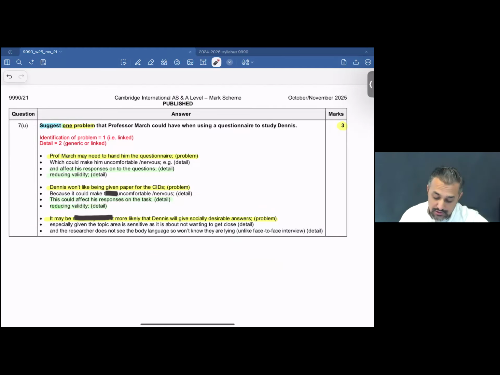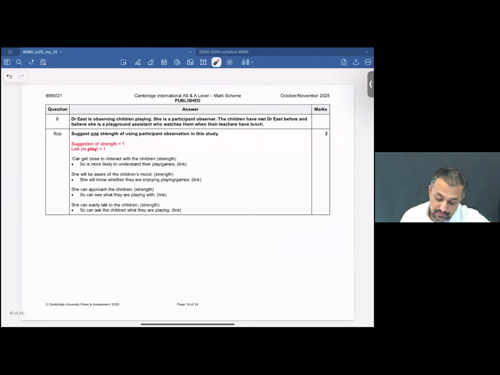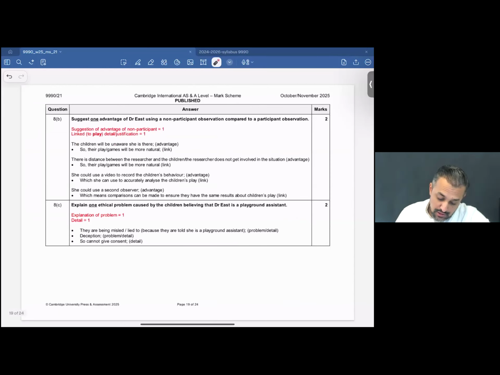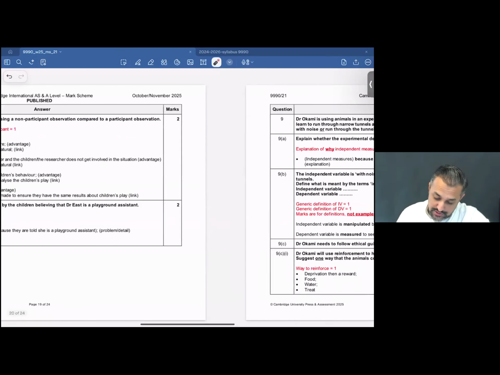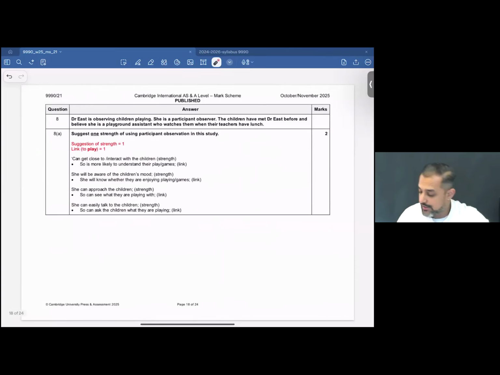Here we are through with the seventh question, which was worth 6 marks, and let's move on and talk about question 8. This eighth question has a 2-mark question as part A, a 2-mark question as part B, a 2-mark question as part C. So question number 8 in total is of 6 marks as well.